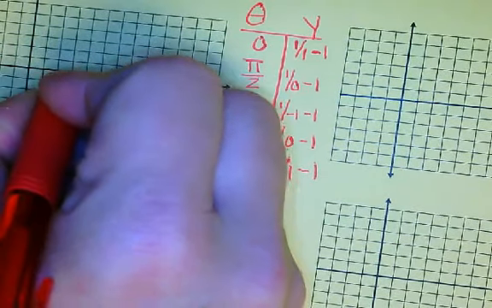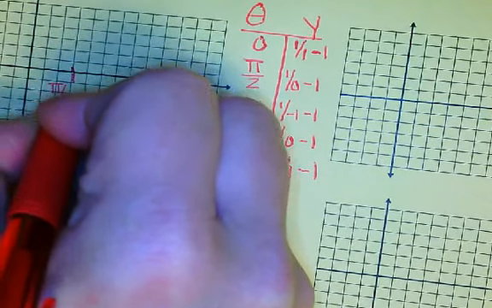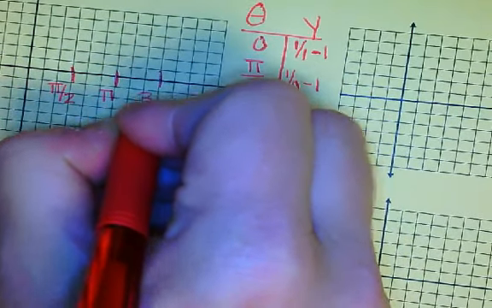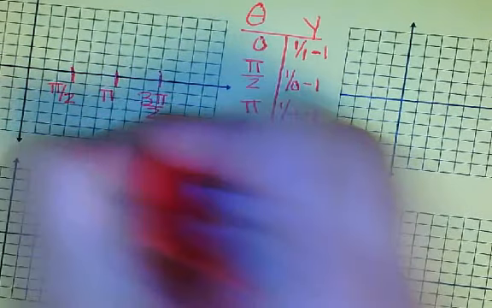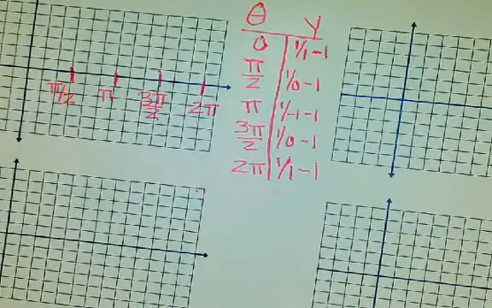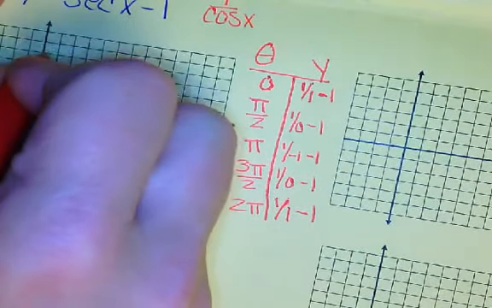So let me come through here and let me make my graph. So this is going to be my pi over 2. This is pi. This is 3 pi over 2. And this is 2 pi. Okay, and then this is going to be a 1.